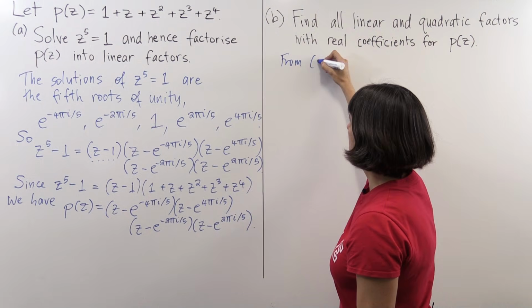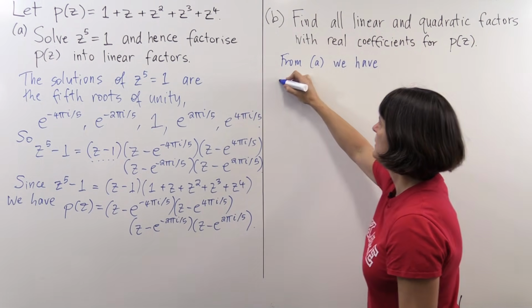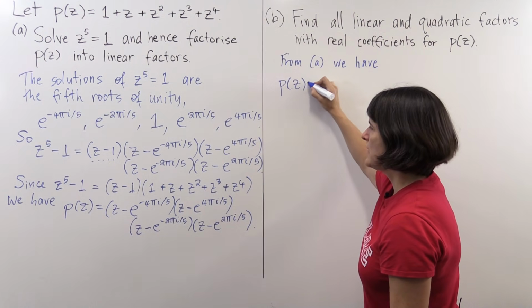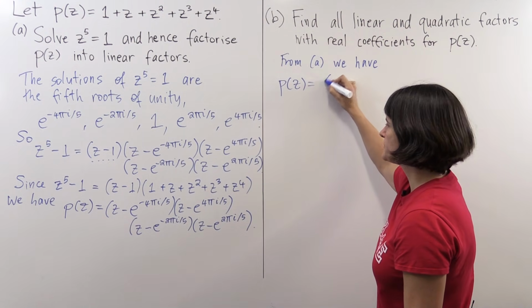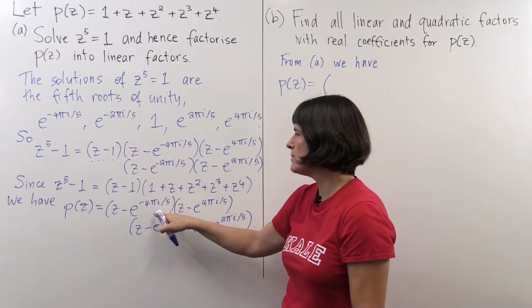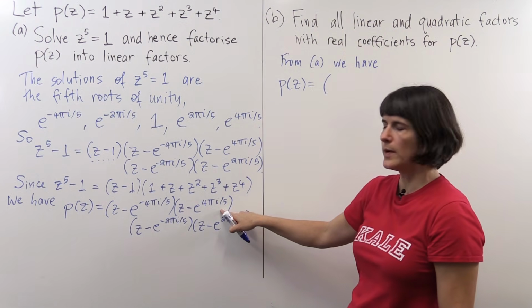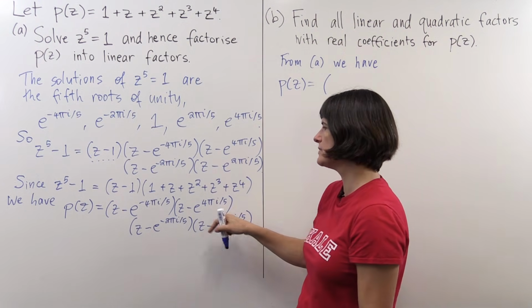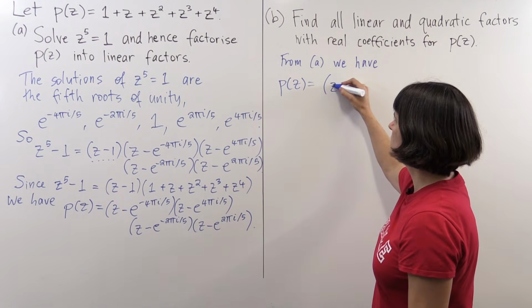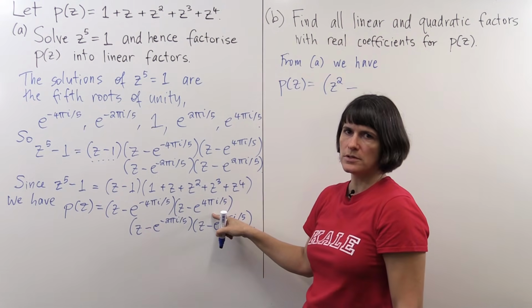Let's say from part A, we have p of z is, well, what happens when you multiply these two? Z minus e to the minus 4 pi i on 5, z minus e to the 4 pi i on 5, they're complex conjugates of each other. You'll get z squared, then you get a minus the sum of these two roots.